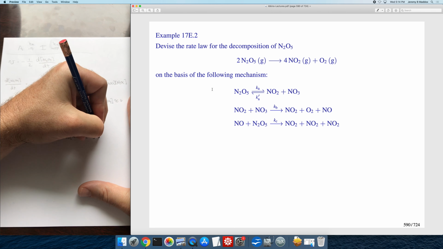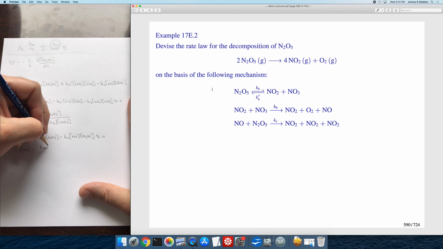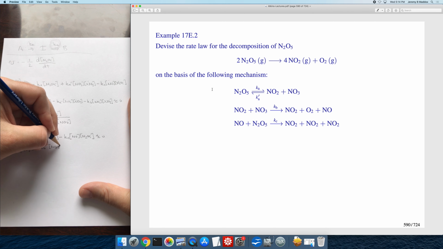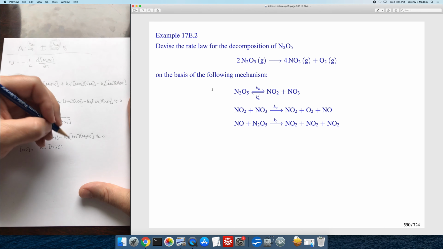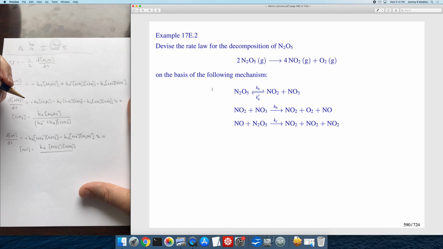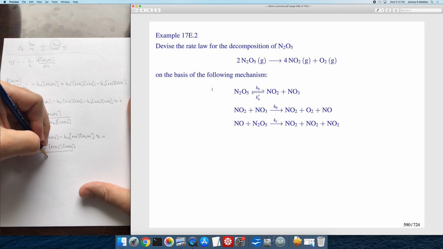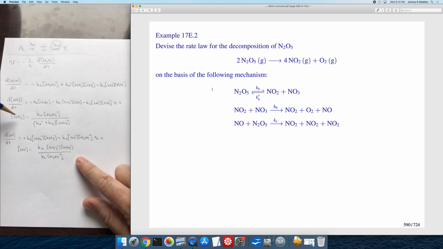We're going to set that to be 0, and we'll solve for the nitrogen monoxide. I think that's correct.